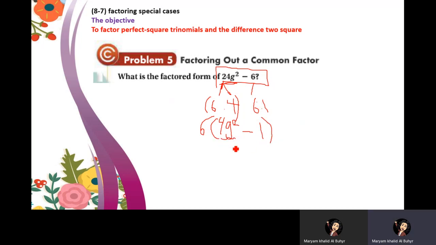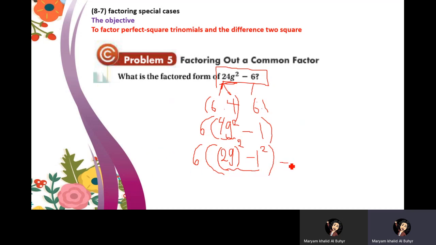Now I can rewrite this one as 2g all to the power 2 minus 1 to the power 2. The 1 does not change. Outside is 6. Can you work on that? Yes. This is a difference between two perfect squares.